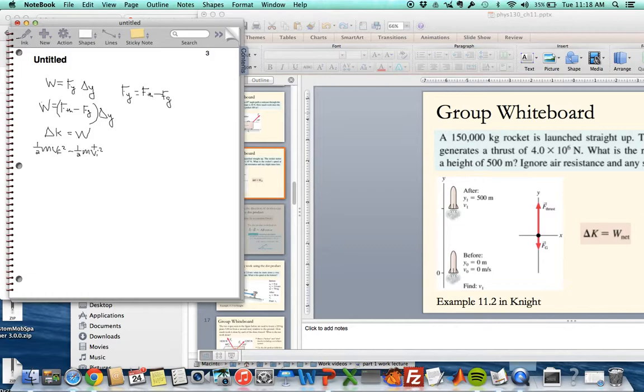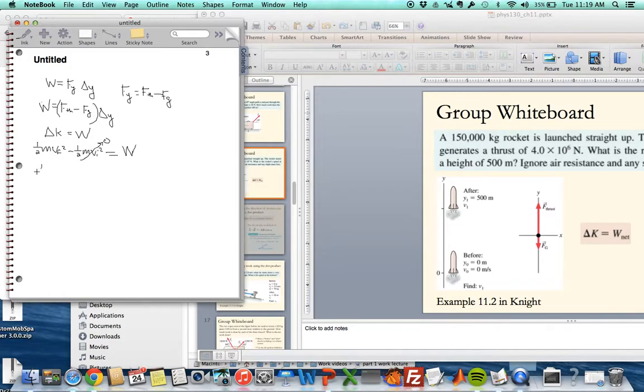Remember, delta is always the final minus initial. So if you're ever wondering, you always know it's what you end with minus what you started with. It's equal to W. Here we know we started from rest, so this term goes to 0.